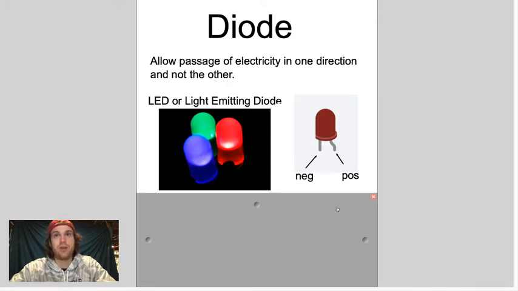Okay, LED or light emitting diode, on the online service that we're going to be using called Tinkercad. They have a side that's flat, and then they have a side that's rounded. This is all the way around, but there's a spot where this little circle is shaved off. And then this is the shorter leg, and this is the longer. I can't remember.